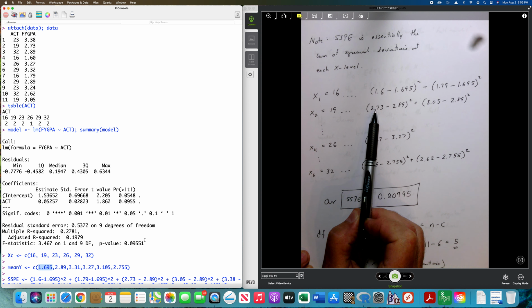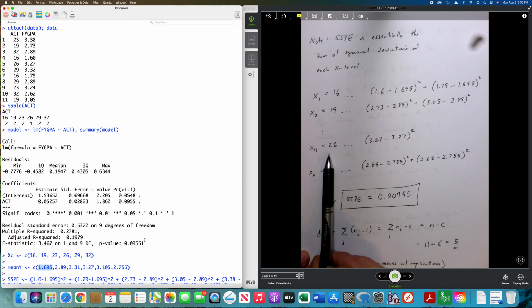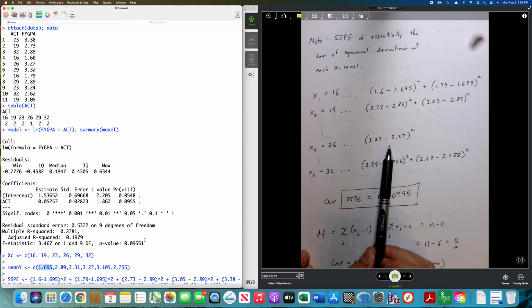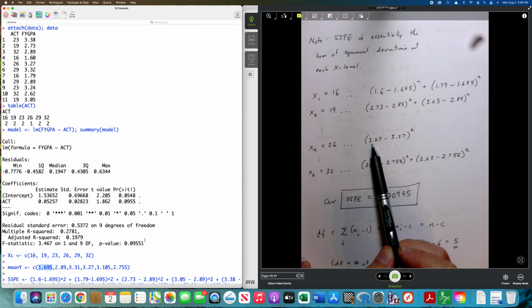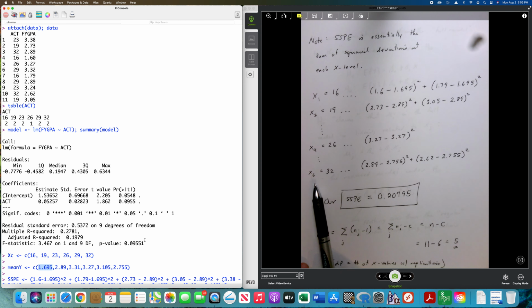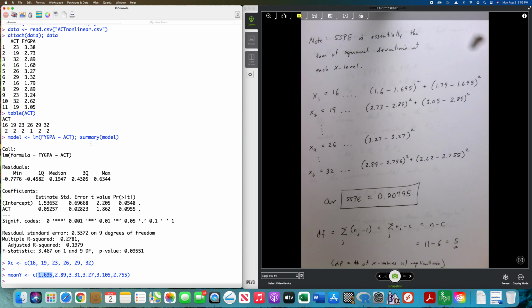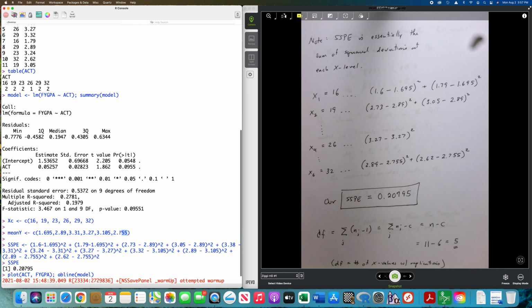For 19, we have 2. Notice for x4, 26, we only have 1. So this really is irrelevant in terms of its contribution to the SSPE, because the only value we have is obviously equal to the mean. And if we get to x6 equal 32, we'll see from our original data set that one of the GPAs is 2.89 and the other GPA is 2.62, and the mean of the y's for 32 is 2.755.